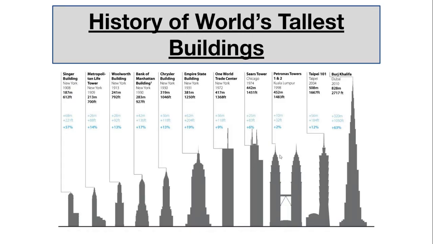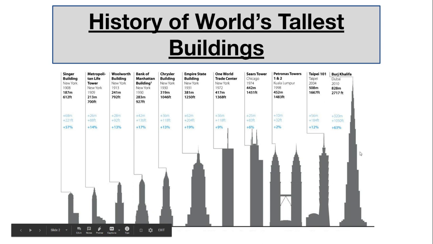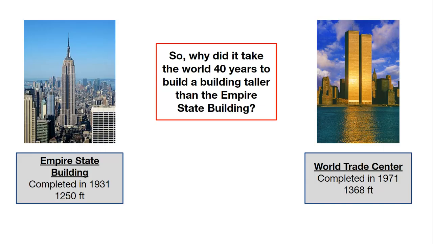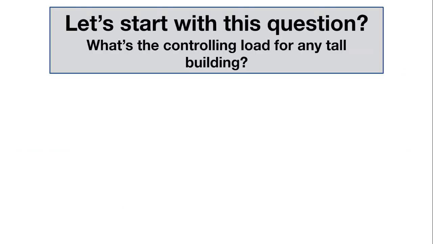This is just another graphic to look at the progression of the buildings and give you a better idea of how much they've grown. But what I want us to focus on is why it took the world 40 years to build a building taller than the Empire State Building. There was a big surge of skyscrapers in the early 20th century, but it took until 1971 to see that moving forward again.